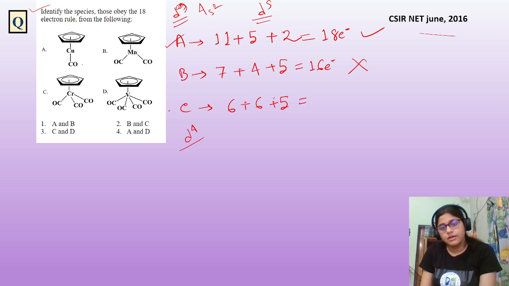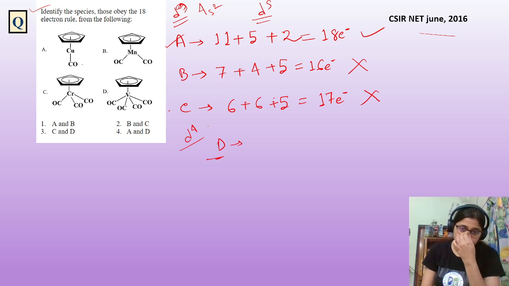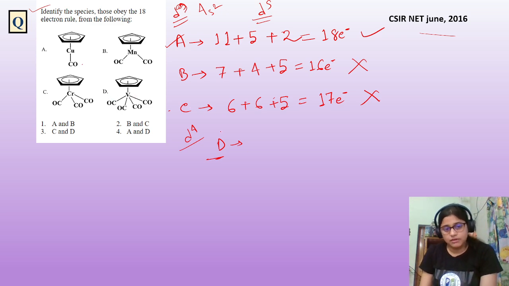So it will be 12, 17. It is also not correct. So we have to have the idea that A and D will be the correct options, but see the electron count, because you are practicing now. You have to practice a lot.